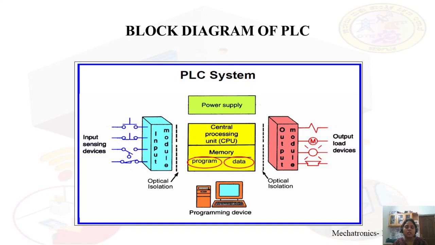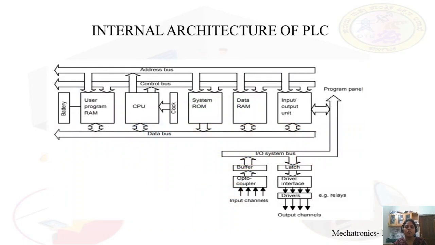In the block diagram, the important components are the input module and output module, then the CPU, central processing unit with memory, then the power supply, then the programming device. This is the block diagram of the PLC.